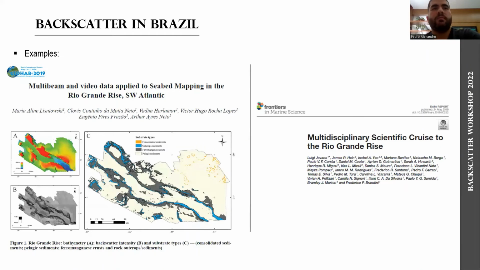So here are just some examples with backscatter data in Brazilian studies. This is the Rio Grande Rise, for which Luciano Fonseca already showed us some data sets. This data report with Luigi Giovanni et al. has some backscatter data collected.